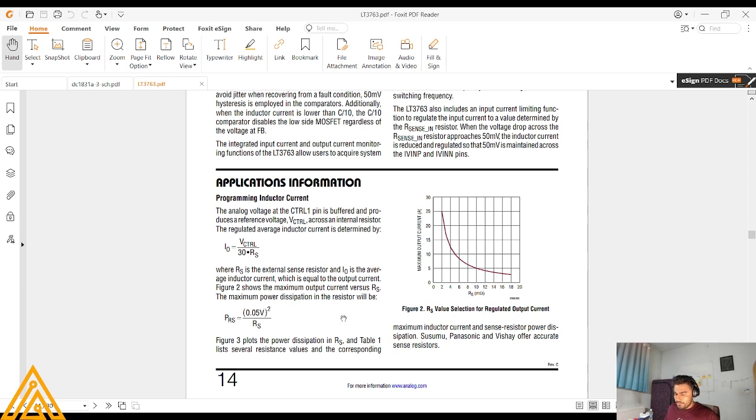The power dissipation on the resistor could be calculated from this formula.